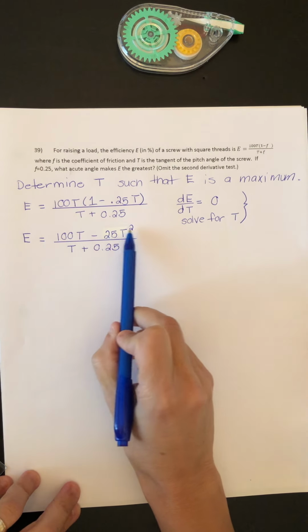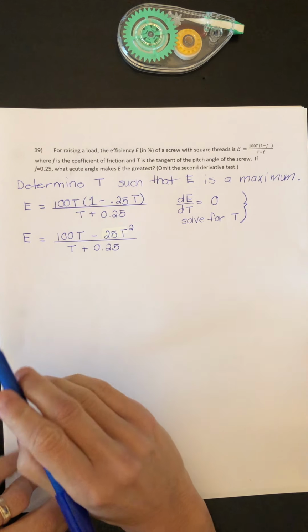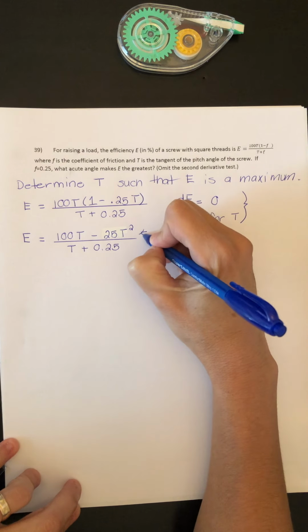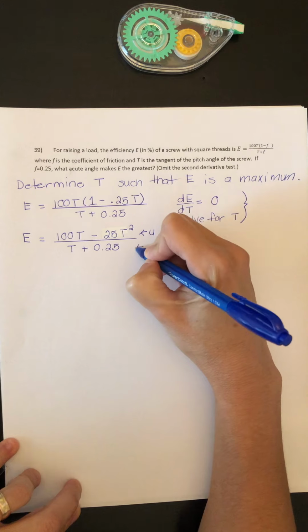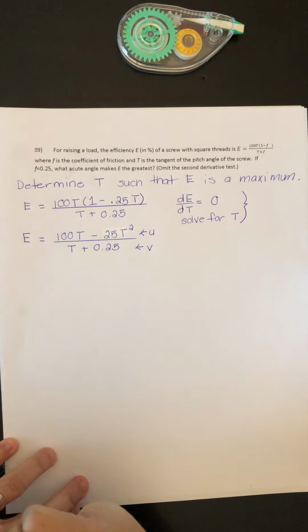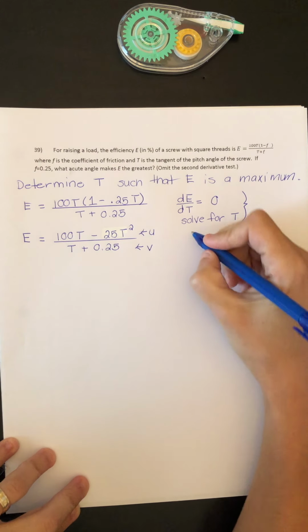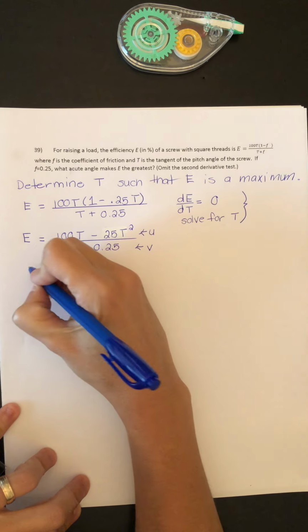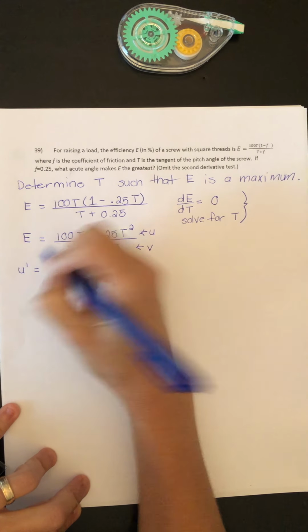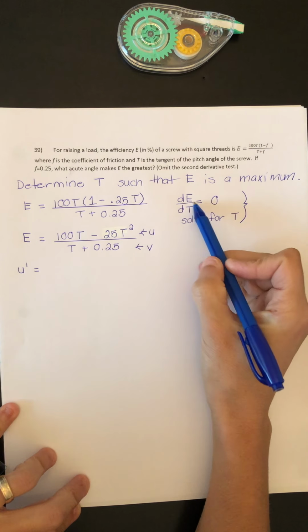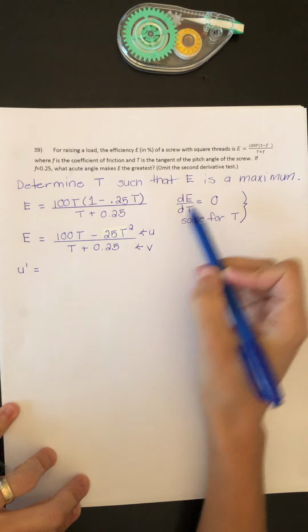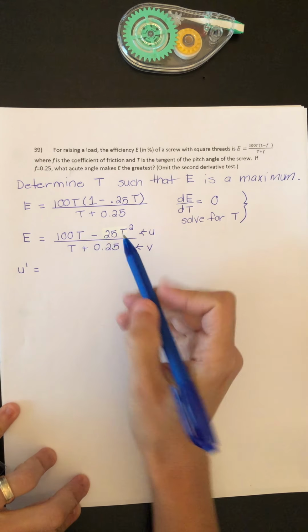The variable t is in the top and the bottom of this fraction. So this is when we call the top u and we call the bottom v, and we form our u prime and our v prime, and then we substitute into the quotient rule. So what are we going to use for u prime? We're taking the derivative with respect to the variable t. So it'll be 100 minus 50t.